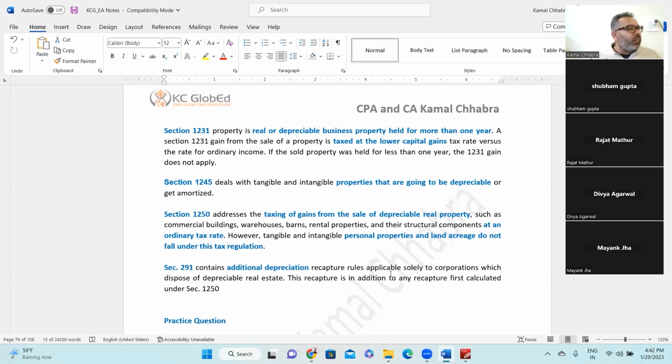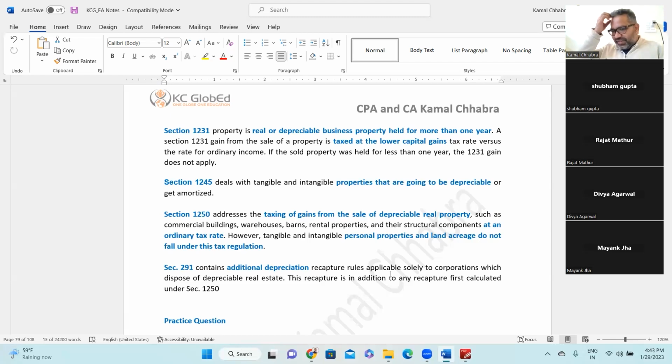If you are a business person holding any real property or depreciable property for more than 1 year, then that property comes under section 1231. This is easy to remember: 1231 means December 31st, right? Easy to remember?